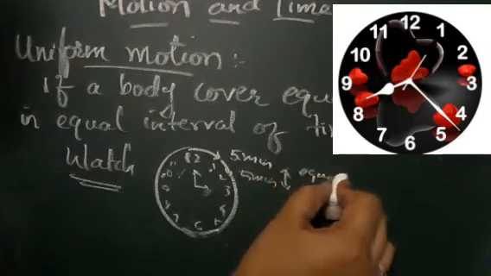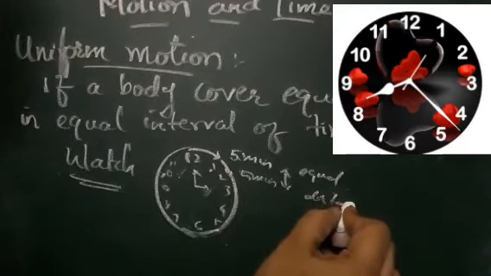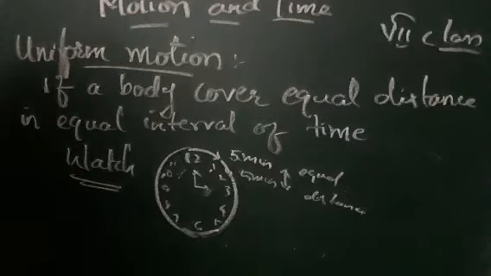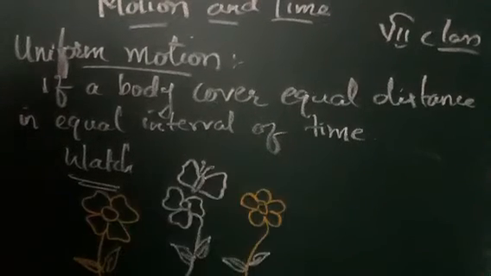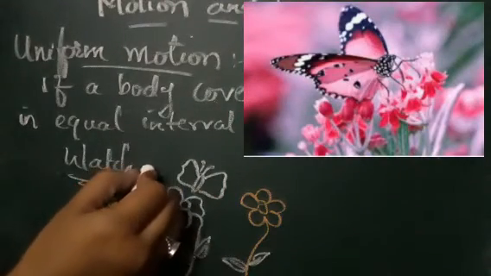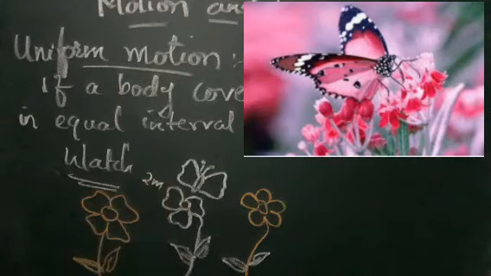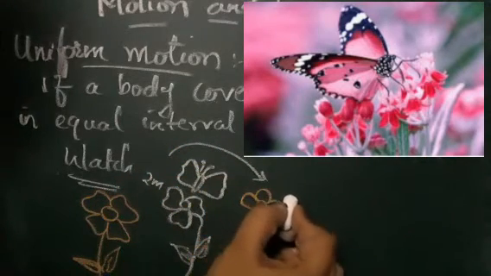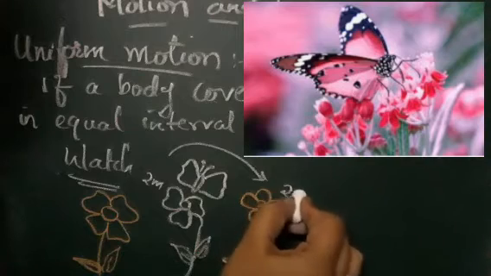Equal distance is covered. For example, suppose we have a butterfly moving on different flowers. Imagine a butterfly sitting here for 2 minutes. After that it travels onto this flower and sits there for 2 minutes.